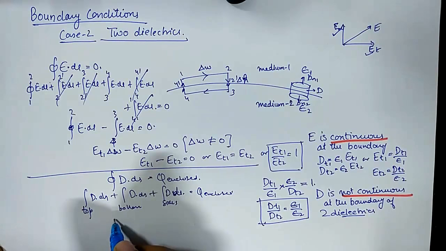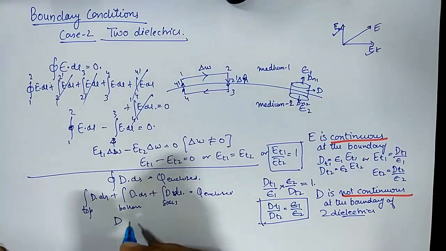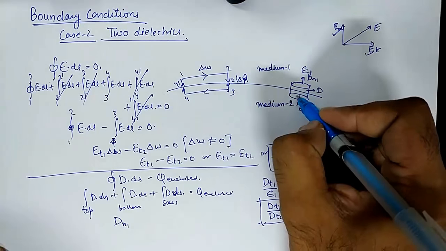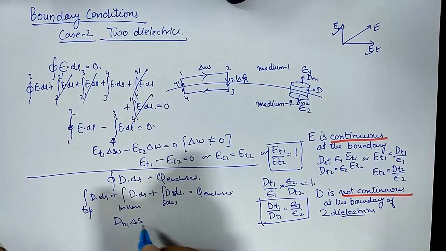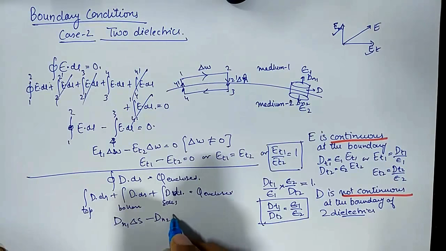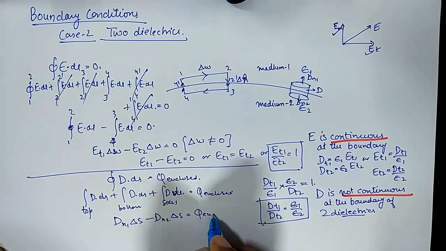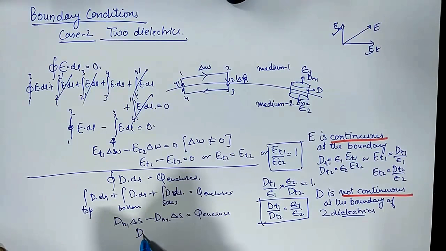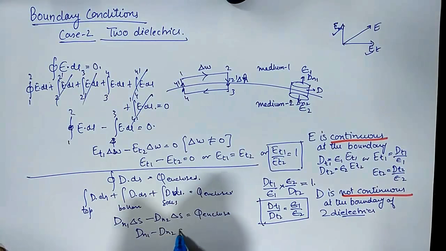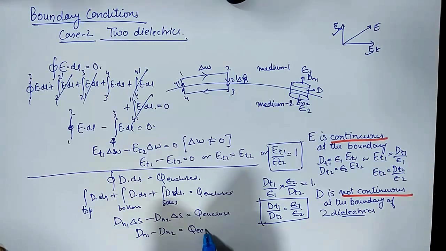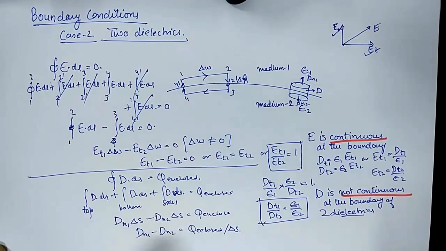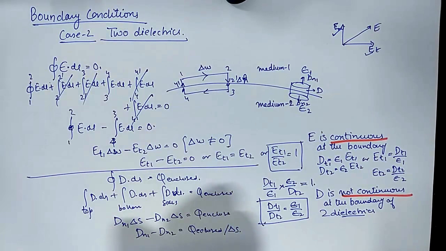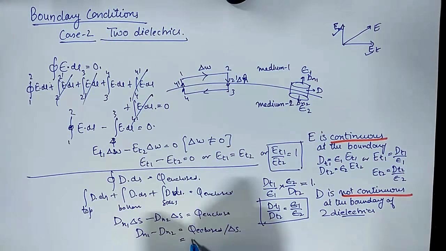So what we're left with is Dn1, and changing the direction so as they go in one direction only, Dn1 delta S minus Dn2 delta S becomes equivalent to charge enclosed, and Dn1 minus Dn2 becomes equivalent to charge enclosed upon delta S. So finally this becomes rho s.